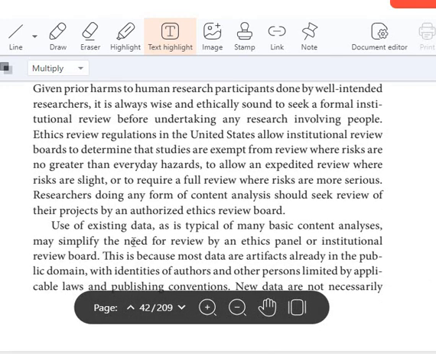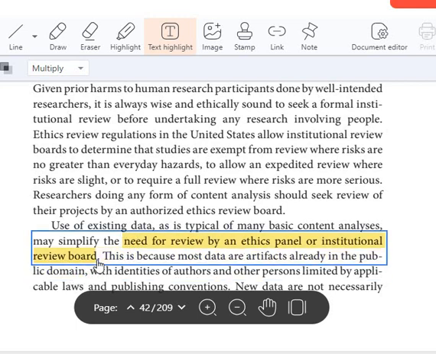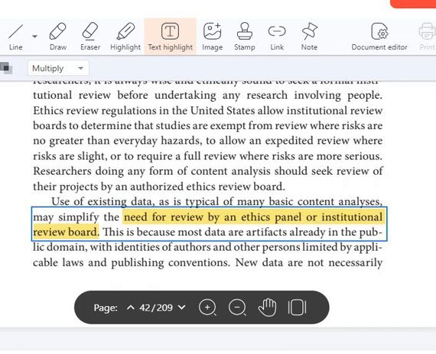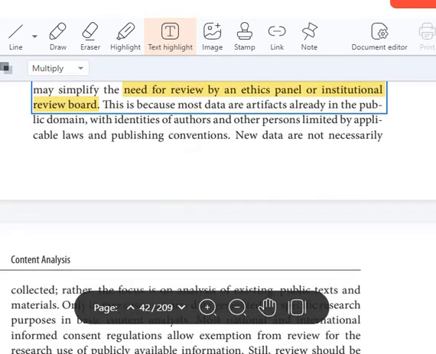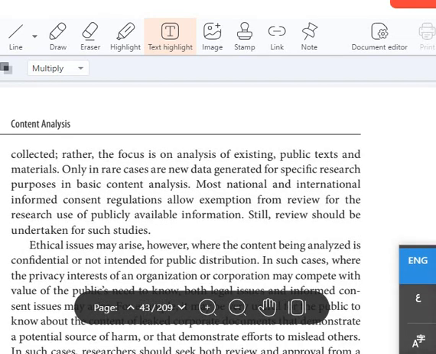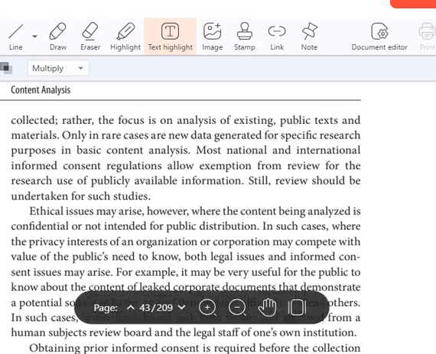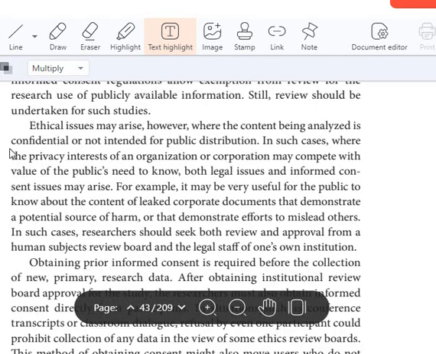So we need a review by an ethics panel or institutional review board. This is because most data are artifacts already in the public domain. So here there's more focus on the importance of having the approval of participants. Ethical issues may arise, however, where the content being analyzed is confidential or not intended for public distribution.